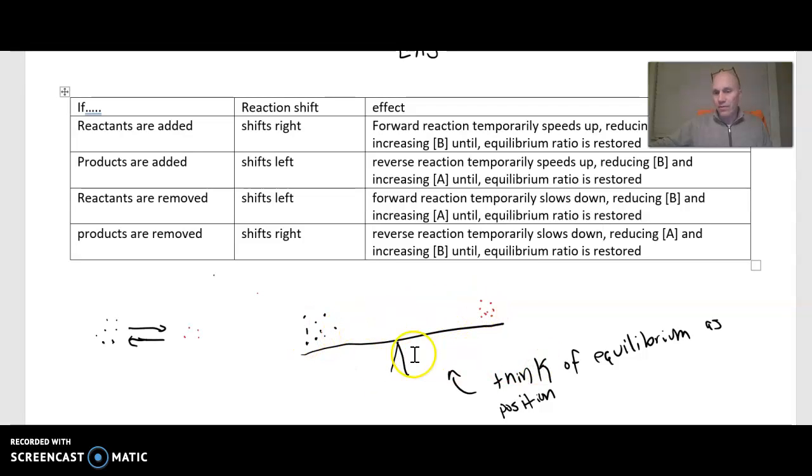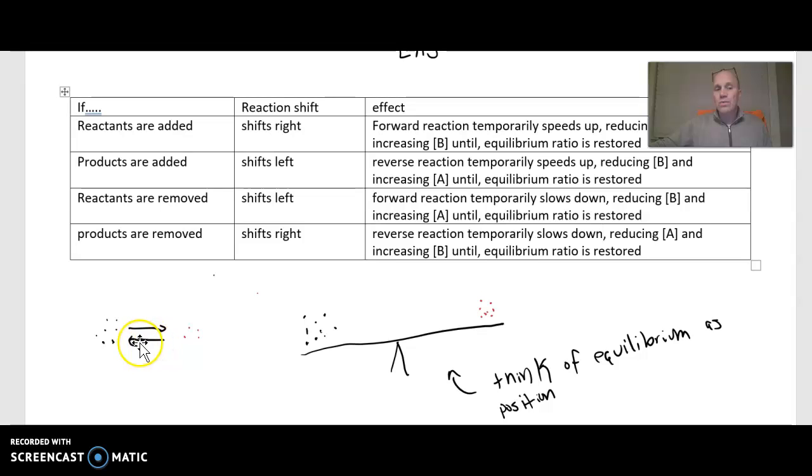So for this particular equilibrium, we're just going to pretend that there wants to be more of the black stuff than the red stuff. All right, and in our reaction, the black stuff can get converted to the red stuff, and the red stuff can get converted to the black stuff. It's a reversible reaction. All the time, you have some of the black becoming some of the red, and some of the red becoming some of the black.